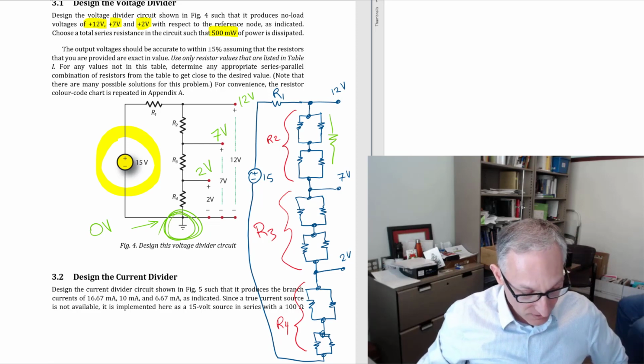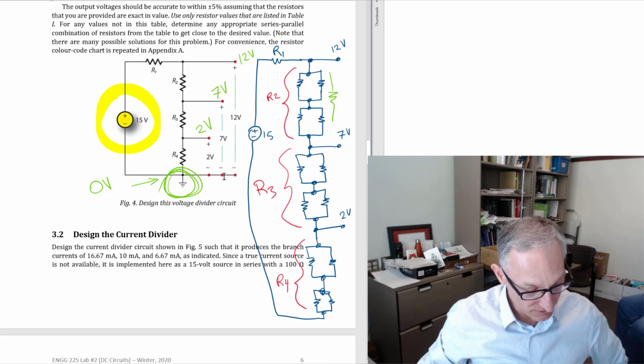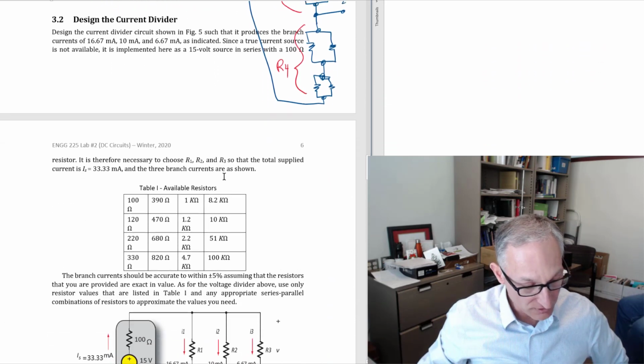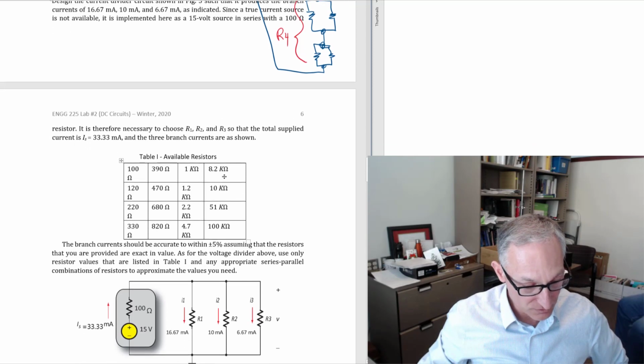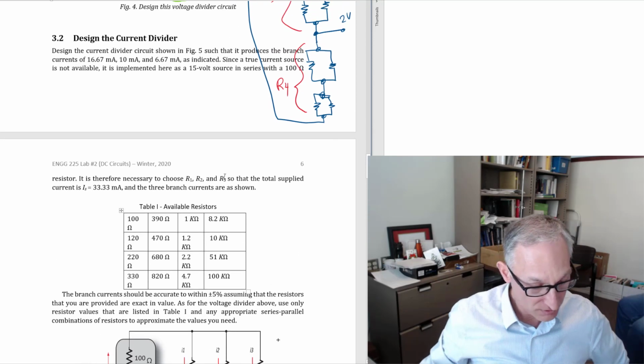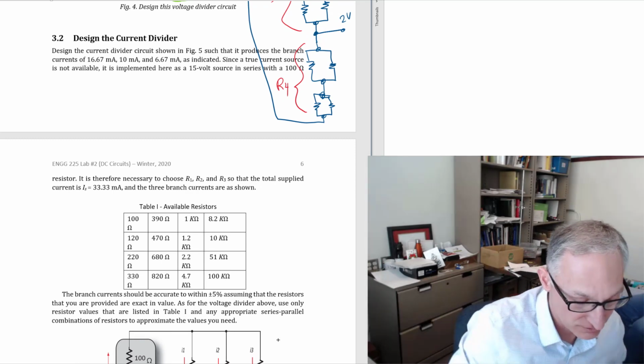So let's keep going. That's the voltage divider part that you're going to design. Then you're going to design the current divider. So what's happening there? These are the requirements for the current divider.